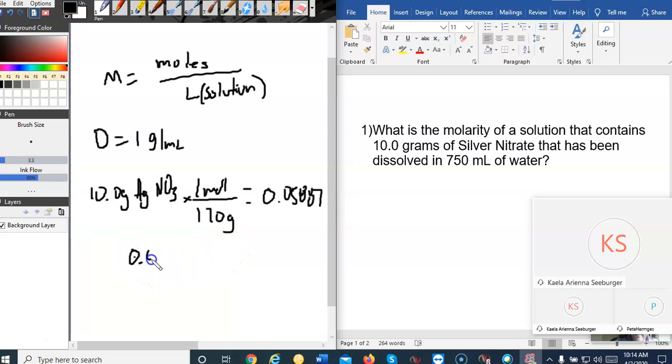Does that make sense? I converted the 750 milliliters to liters. Yes, exactly. Does that make sense? I know I told you that way, but I was thinking of another problem.